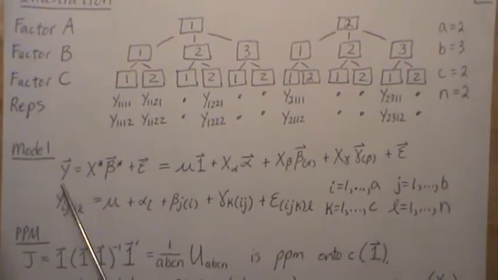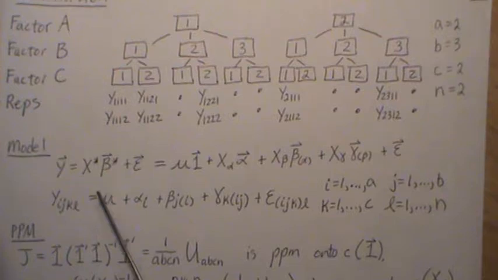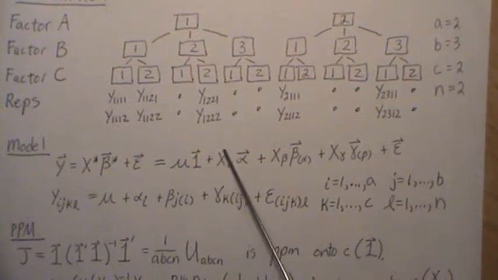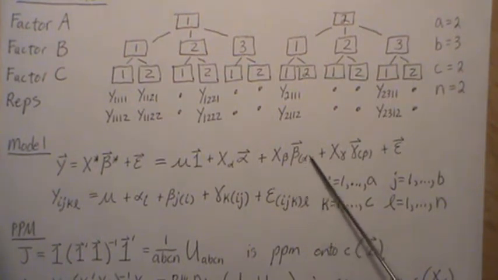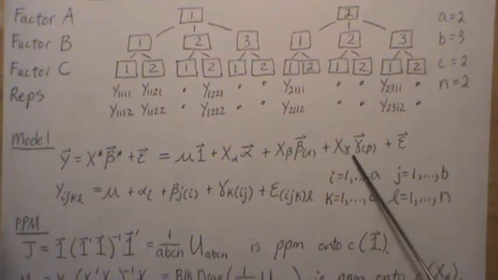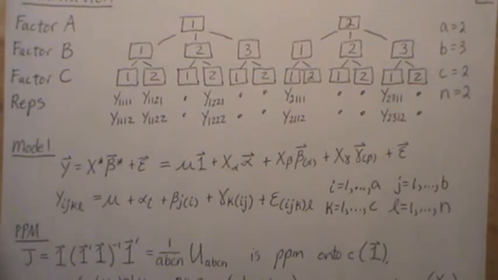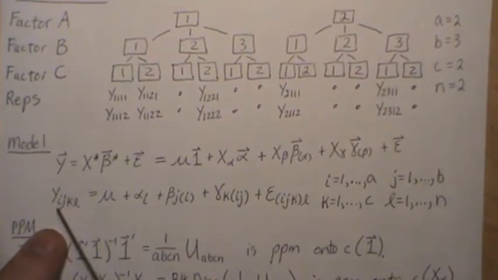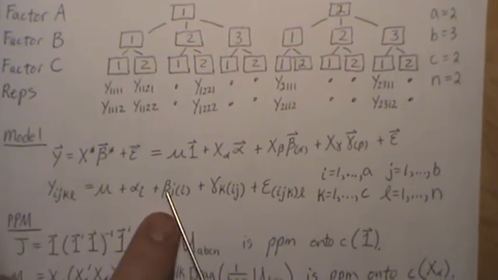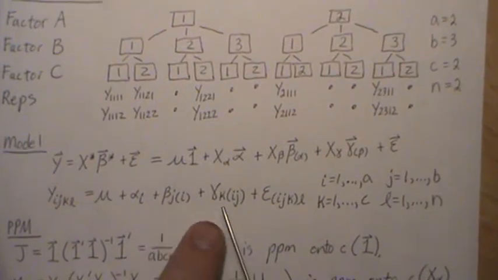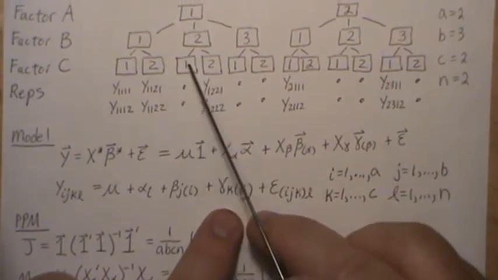And so the model, it's a linear model, so it's y equal to X beta plus epsilon, but it's partitioned into the grand mean, factor A, factor B, and factor C. But remember, factor B is nested within A, and factor C, the third factor, is nested within B. You might write it in scalar form as y_ijkl equal to mu plus alpha_i plus beta_j within i plus gamma_k within ij, that is these levels here.